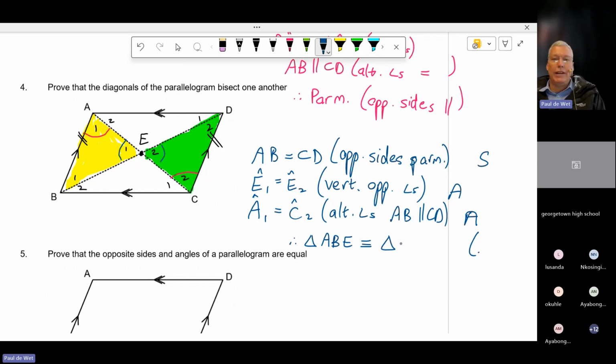C, not CED, no. So have a look, you went from A, which has got the red on, so you must start at C. Well done. C, D, E. C, D, E. And the reason we've got to end with E is because the two E's are equal. What's my reason here for the congruency? And remember, there's only 4 possibilities.